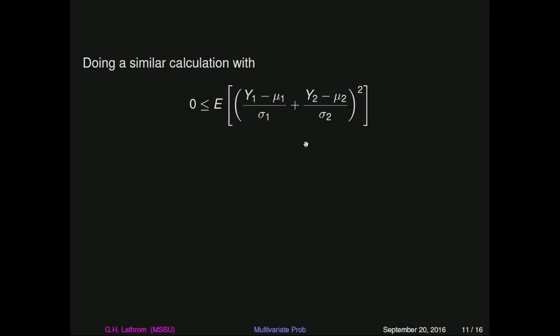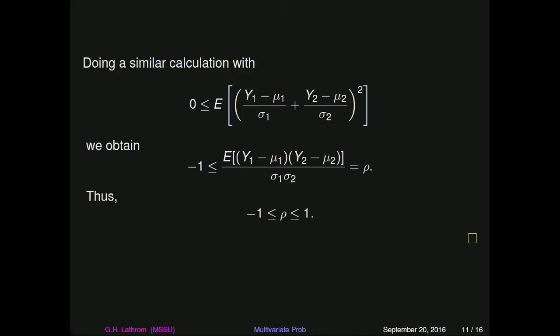Well, now we can do a similar calculation, but now we're going to take the sum. Again, we're taking the expected value of something that's positive, so that's going to be greater than or equal to 0. If we do the same kind of expansion and rearranging of terms, there's a little bit of algebra between this step and this step, but using the first one as a guide, I think you'll be able to convince yourself, work through the details, and verify for yourself that this statement is true.